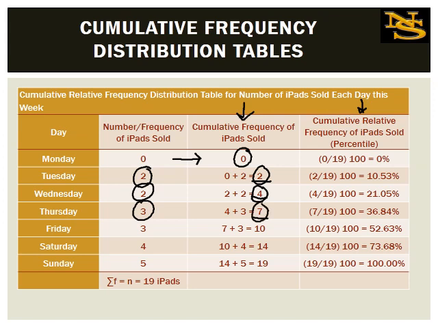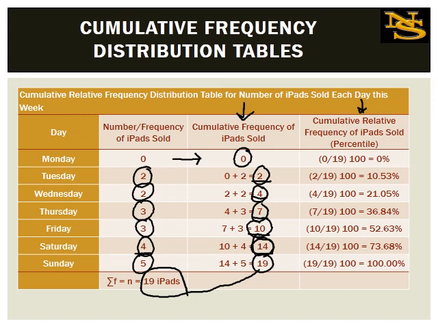Take this 7, add this 3, we sold 10 Friday or before. And again, take this 10, add the 4, we sold 14 at Saturday or before Saturday. And then take this 14, add it to 5, and we sold 19 Sunday or before, which corresponds to the total number of iPads sold in the week because Sunday is the last day of the week.